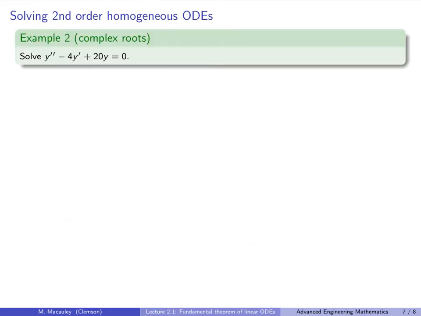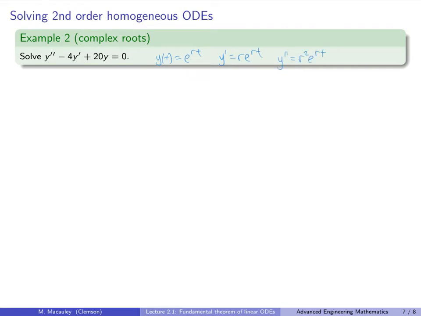Here's our second example. Solve y'' - 4y' + 20y = 0. As before, I'm going to assume that y(t) = e^(rt). So now y' = r e^(rt), and y'' = r² e^(rt).